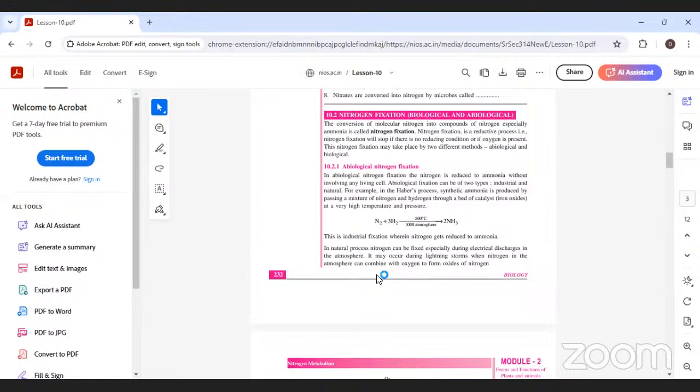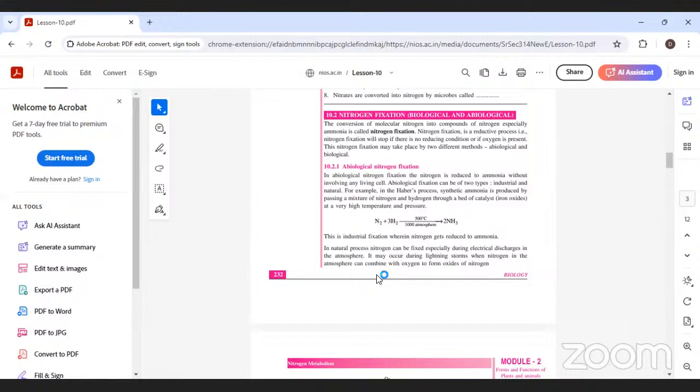The conversion of molecular nitrogen into compounds of nitrogen, especially ammonia, is called nitrogen fixation.